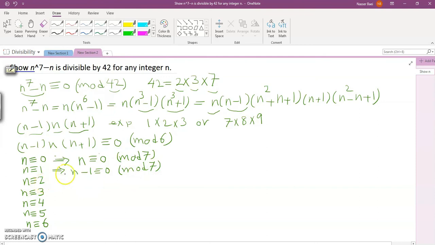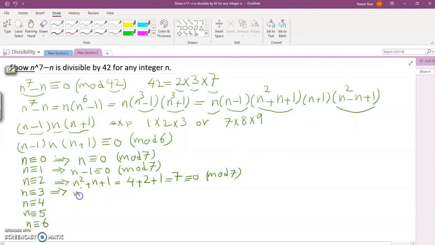For n congruent to 2, this part will be our solution. So n squared plus n plus 1 will be 4 plus 2 plus 1, and this one will be equal to 7, and 7 will be congruent to 0 in mod 7. For the next one, which is 3, this part will be our solution.